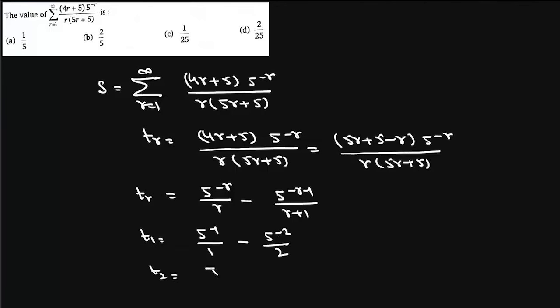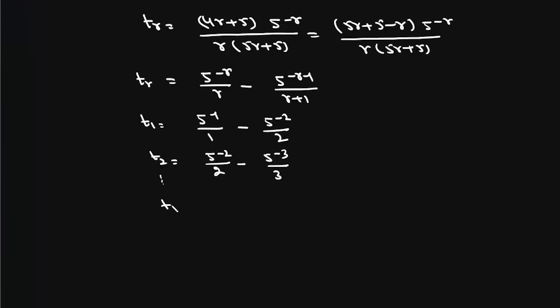Its second term will be 5 to the power minus 2 upon 2 minus 5 to the power minus 3 upon 3, and it will continue up to its nth term, which is 5 to the power minus n upon n minus 5 to the power minus n minus 1 upon n plus 1.